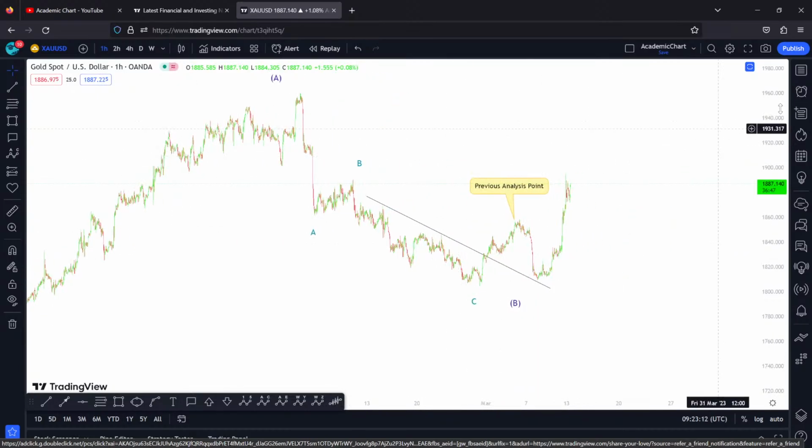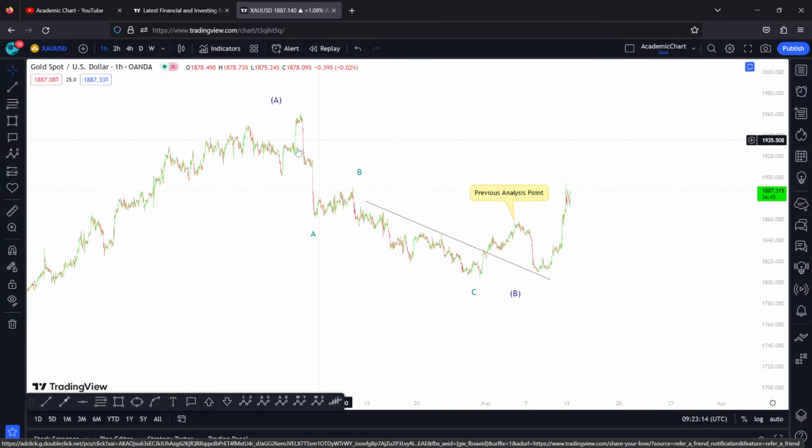Of course, we are seeing a lot of resistance points that price can reach. Let me get rid of this one. We can see a lot of points that price can react to, so it is not going to be sharp, as you can see.